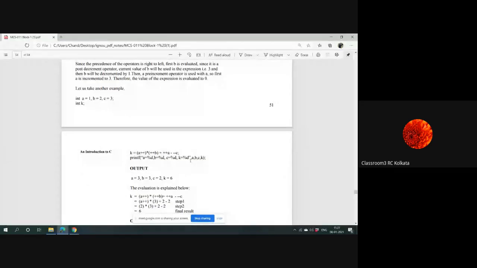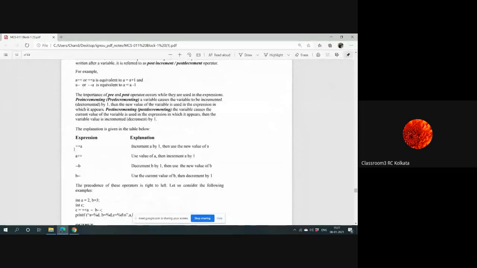So this is what you have told, that for plus plus a, you have to increment by 1, and at the same time you can use it. But for a plus plus, you increment the value, but you have to use at that point the old value. For the next, when the variable is termed at next, then you will use the incremented value.